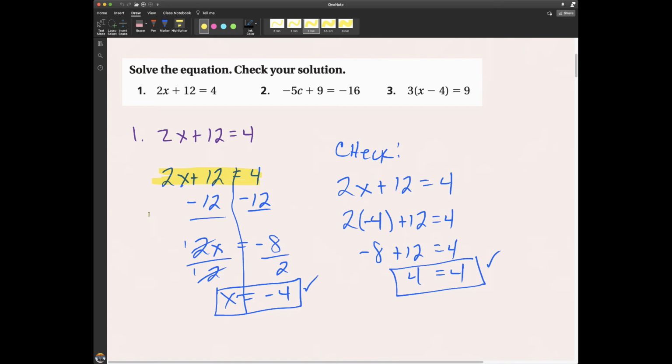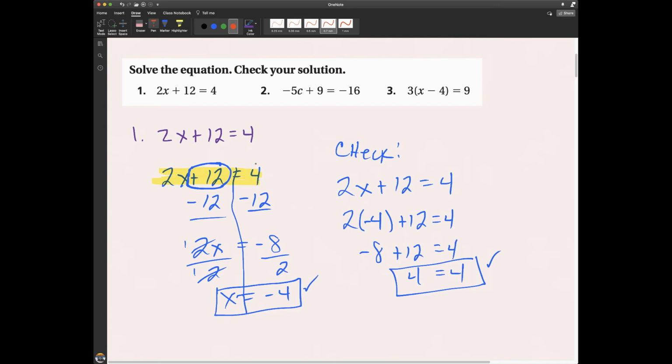Well, first, I want to eliminate that part of the expression on the left-hand side, the 2 times x plus 12. I want to get rid of that 12. So I'm adding 12 right now. Let me subtract 12 from both sides. So I do that, and I end up with just 2x by itself.